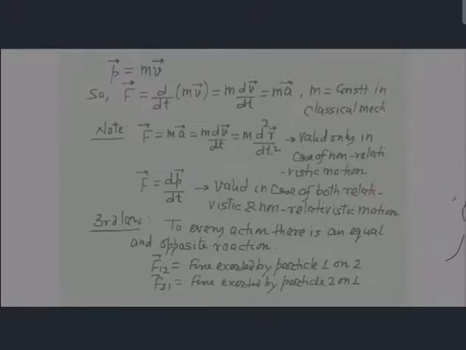Approximately close to c an object can move, but exactly c no object can move. So this m cannot come out because there is variation of m with velocity in relativistic mechanics.